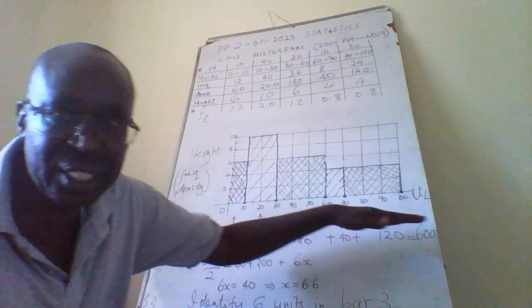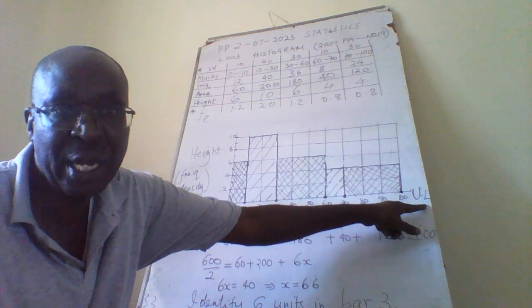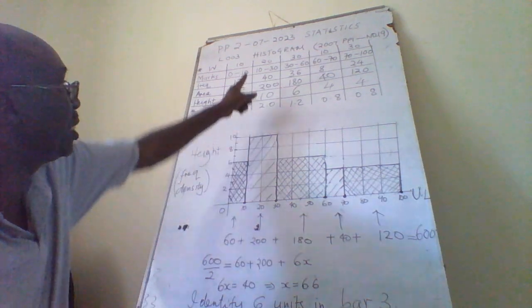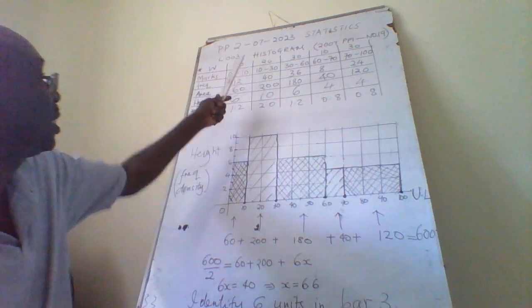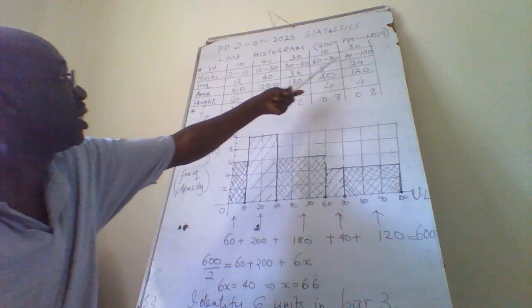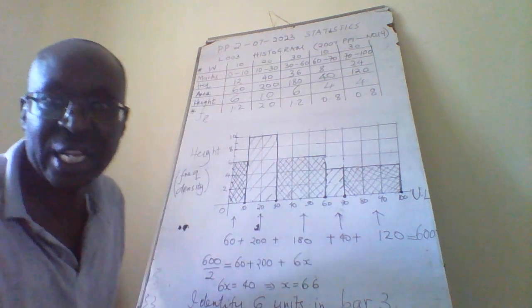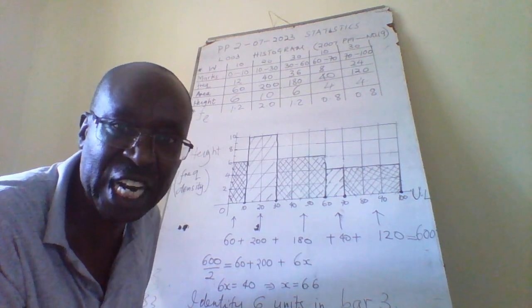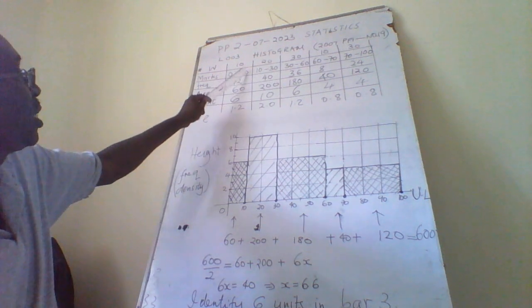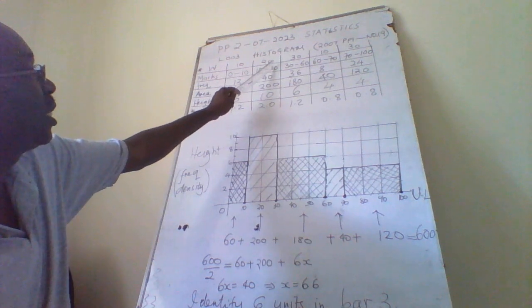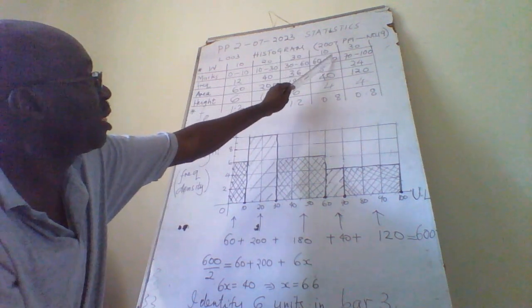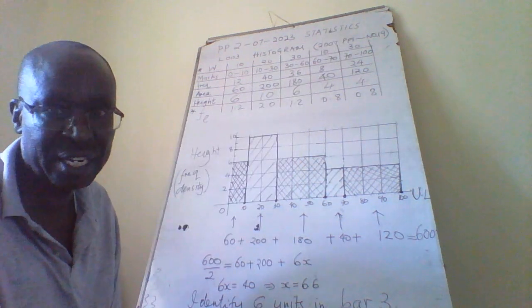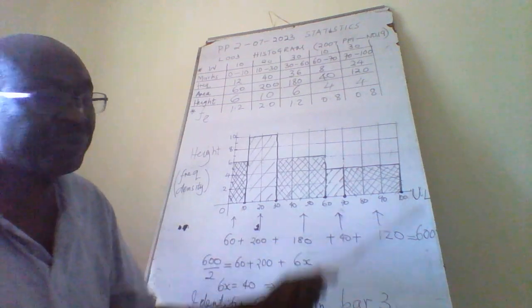Remember, the x-axis is the upper limit. And since it is overlapping classes, then you take the upper figures in each class. The upper figure here is 10, here is 30, here is 60, 70, and 100, which will go here.